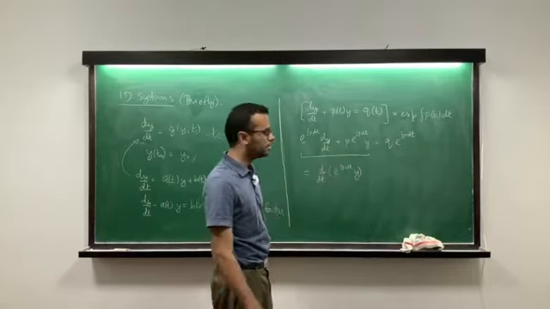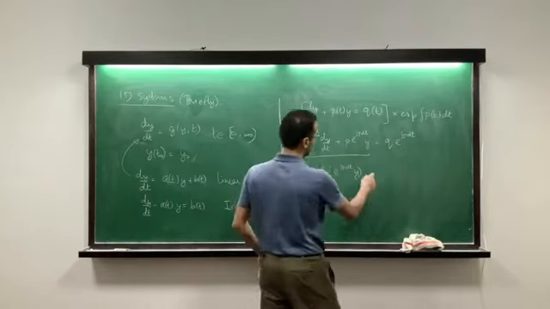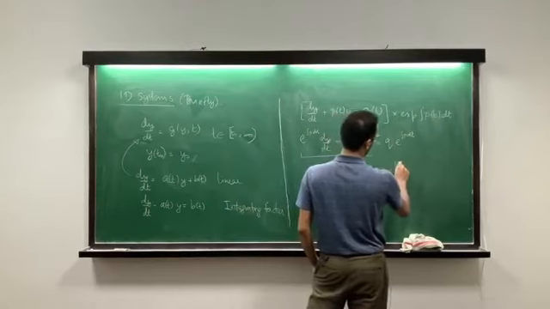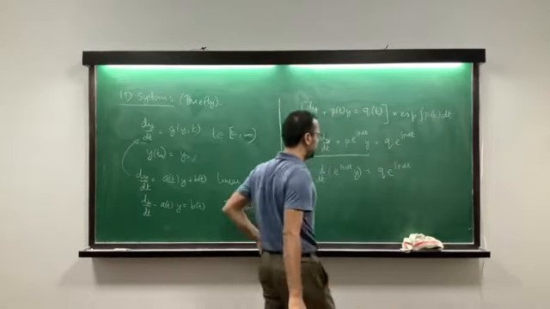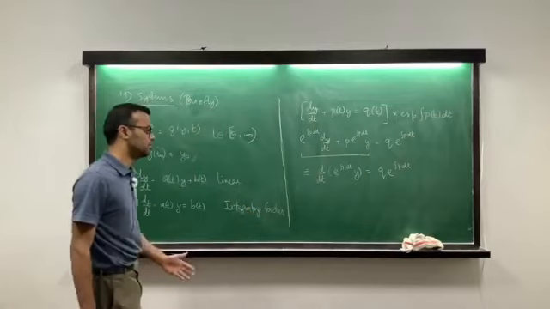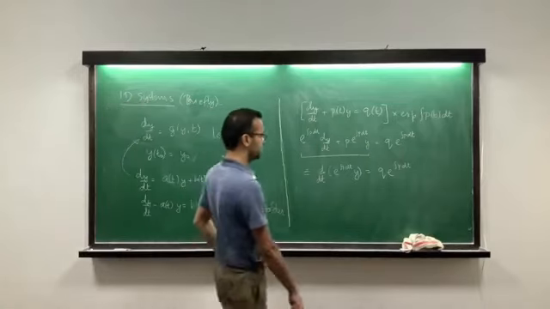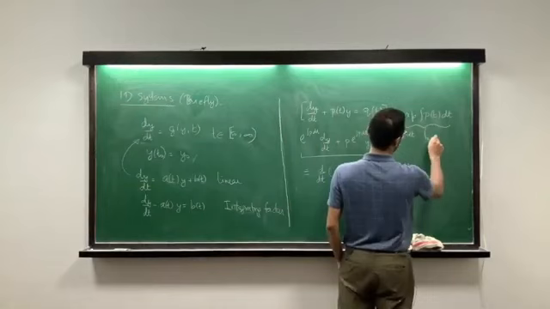You open this up, you will get this, and this is just q e to the power integral p dt. Again, this is something that you've probably seen in the syllabus. And this thing that you multiply with is usually called the integrating factor.